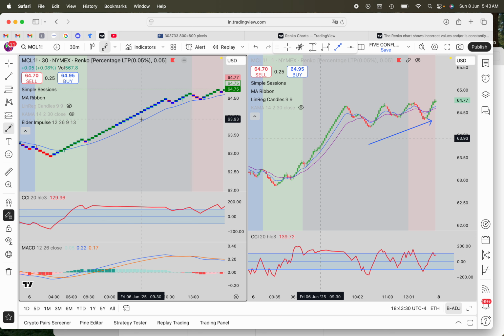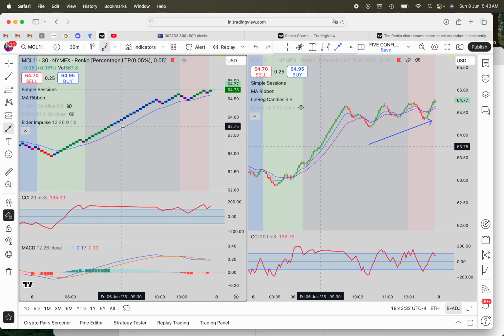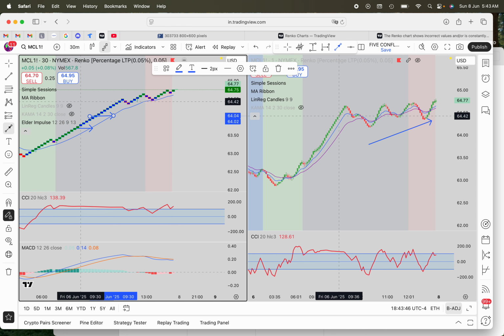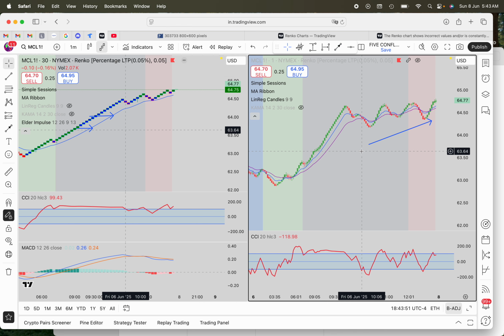That's all it is. It's not the end of the world, but you just need to be following closely and always keeping your stops relatively close.